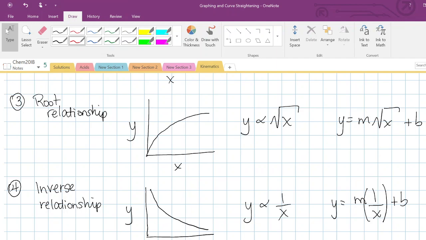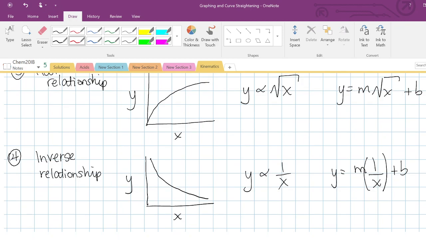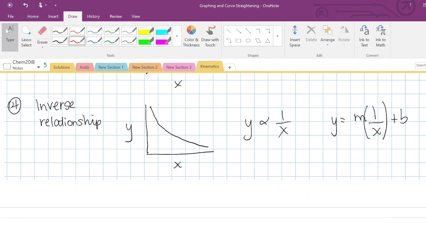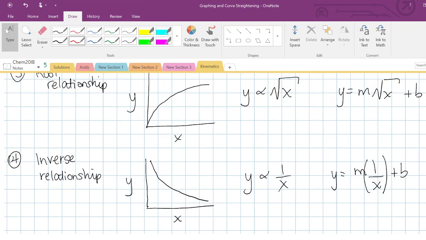The fourth relationship that we'll look at, and I believe we actually already looked at this when we looked at Boyle's law in the gas unit, is our inverse relationship. And that typically is going to be a curved line once again that starts rather steep, and as we move further along our x-axis, it shallows out. Okay, but you'll notice that the curve is in a different direction than in the root relationship.